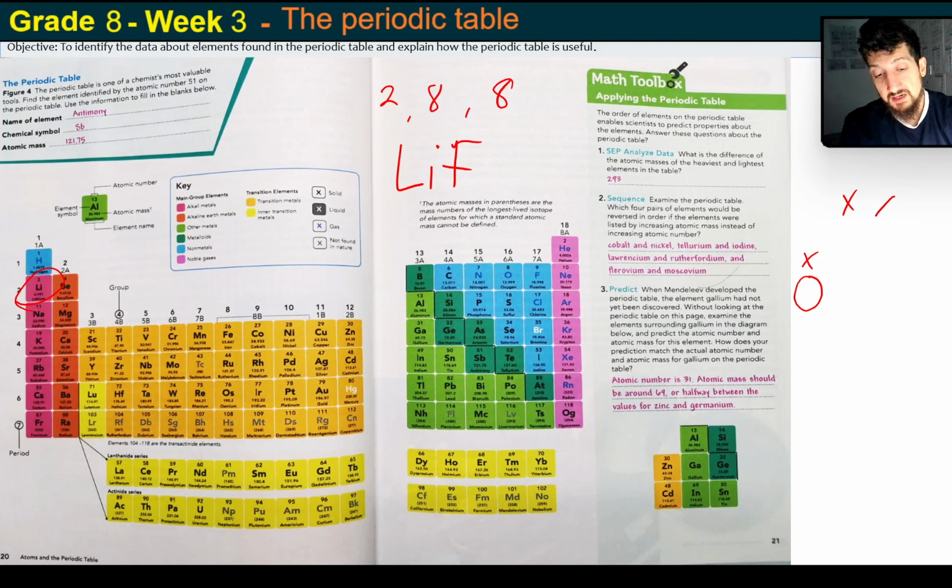Basically the reason why the elements are in the periodic table the way they are is because of the atomic number, and the way they're in their groups is because of their valence electrons, or the electrons on the outside. Okay, and each one of those groups has certain properties or certain features. So we've got groups, we've got periods, we've got 1 to 18 as groups, or 1 to 8, and we've got 1 to 7 as the periods.